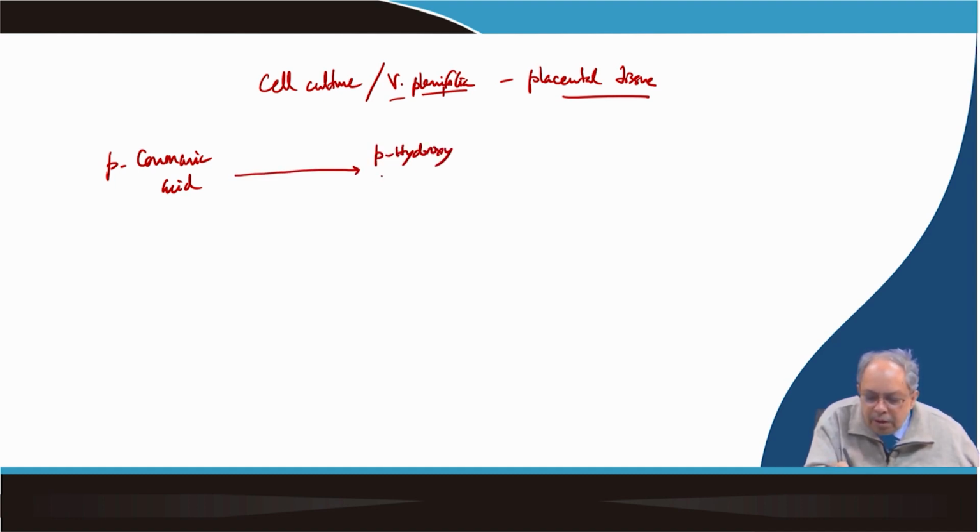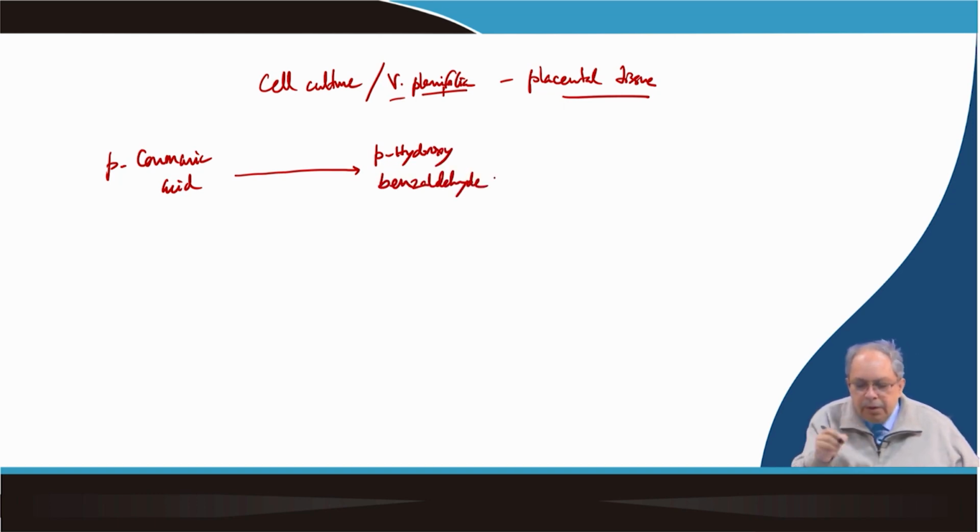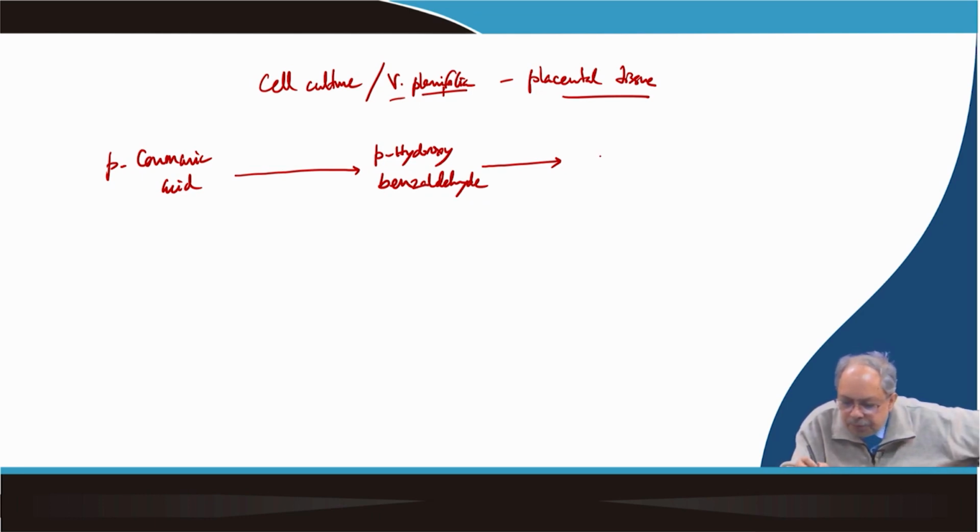So, paracoumaric acid will make para-hydroxybenzaldehyde, and then para-hydroxybenzaldehyde eventually will form 3,4-dihydroxybenzaldehyde, so that structure I put it here.